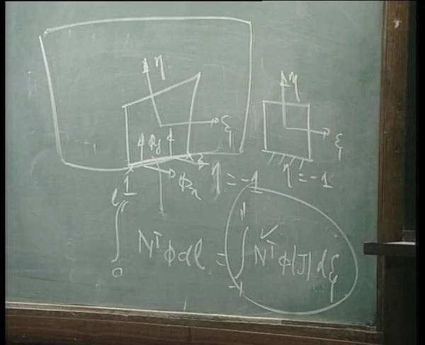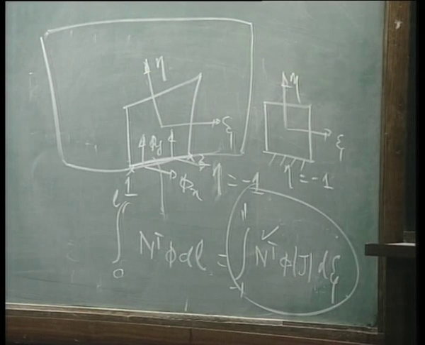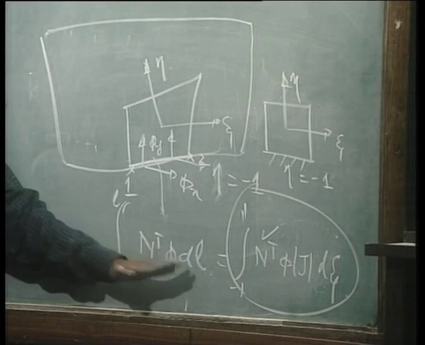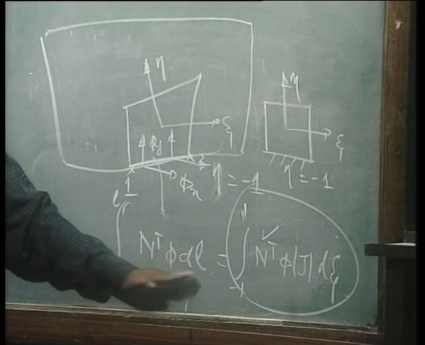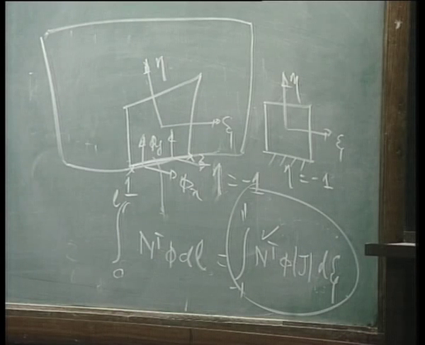So, the question is now, what is that j? Let us take a pause and see how to calculate that j matrix. Have a look at this and see for a minute as to how we can now calculate j.